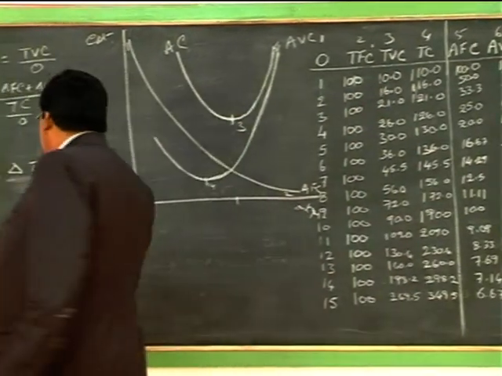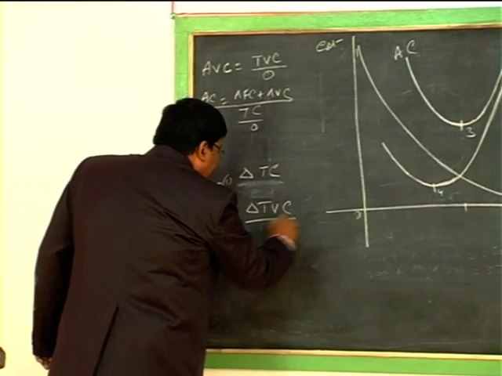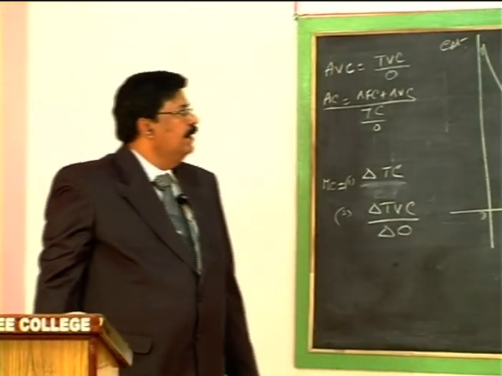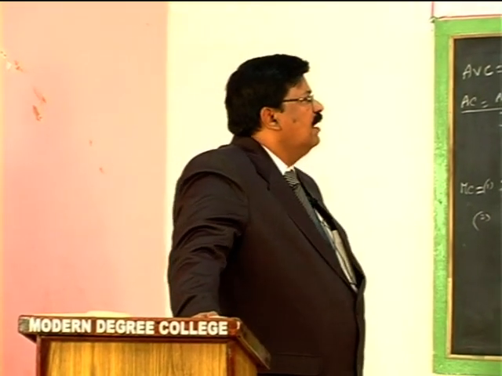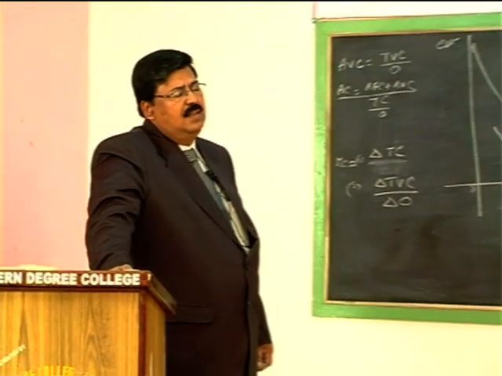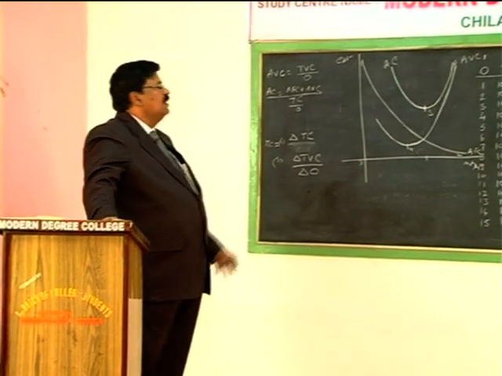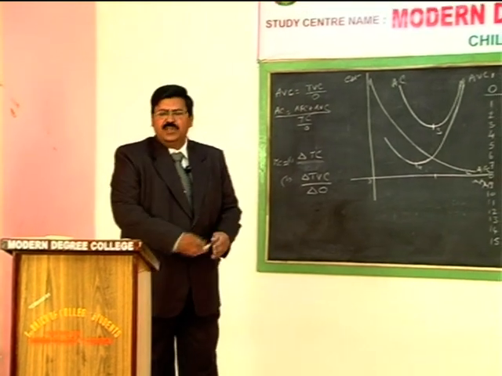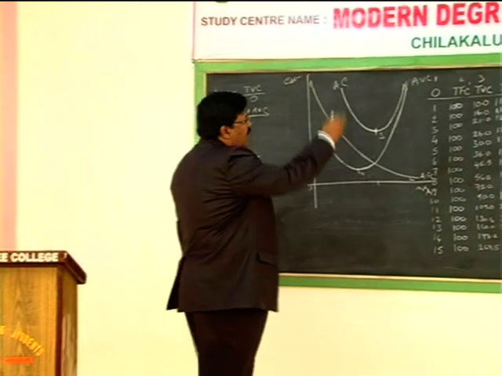Marginal cost is equal to delta TVC by delta Q. By subtracting successive entries in the total cost column, you can calculate marginal cost. And similarly, by subtracting successive entries in the total variable cost also, you can calculate marginal cost. There are two ways of calculating marginal cost.